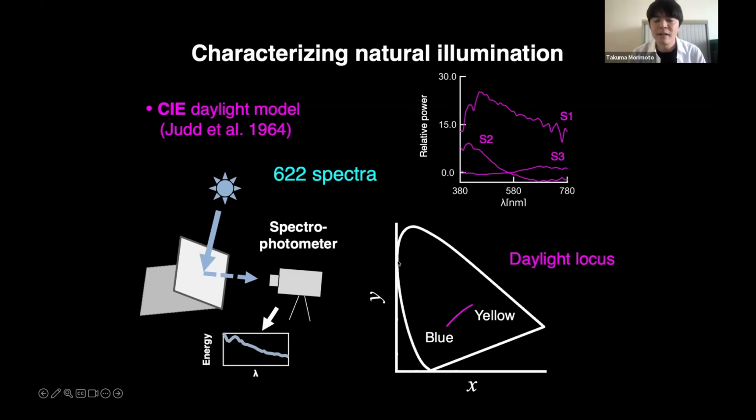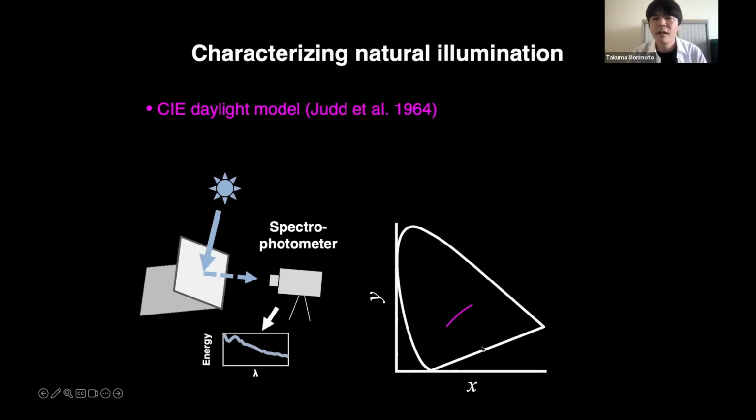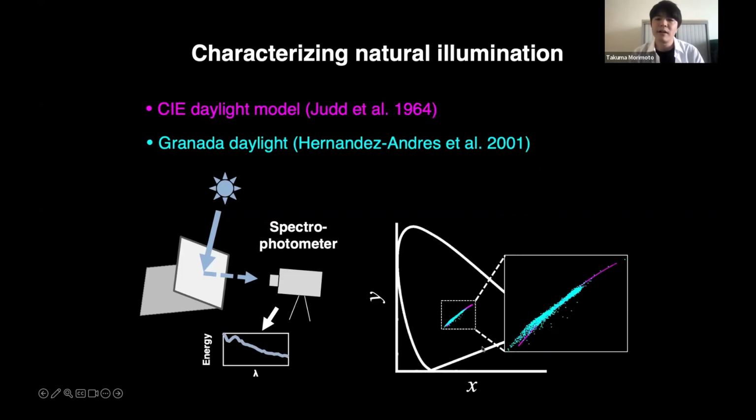This means if we plot the chromaticity of those spectra in a chromaticity diagram like this, they cluster in a very narrow region in the color space, essentially as a single curve, which changes from blue to yellow. Another study also found basically a similar trend in measurements in Granada in southern Spain.